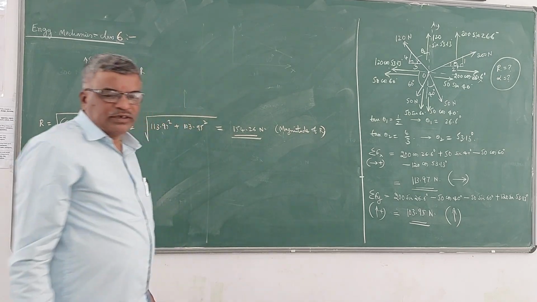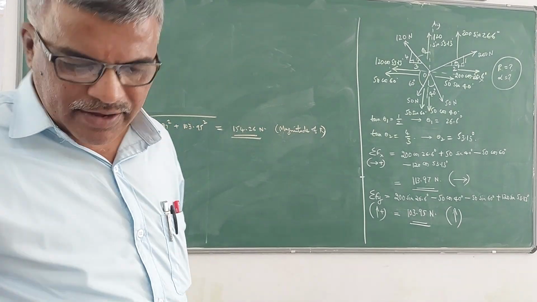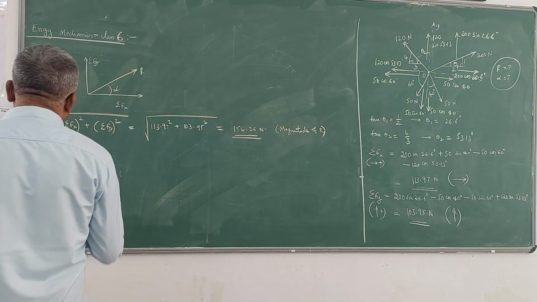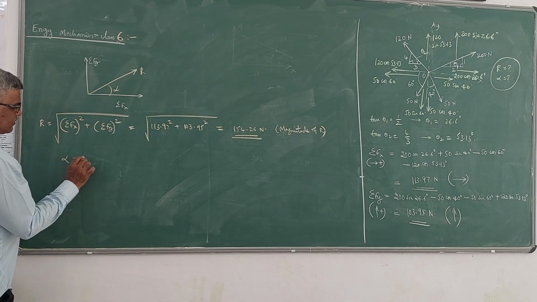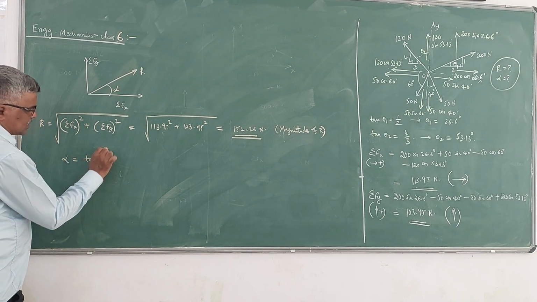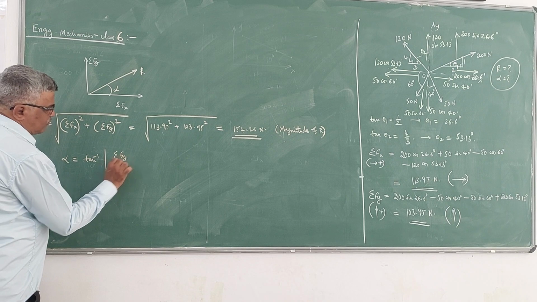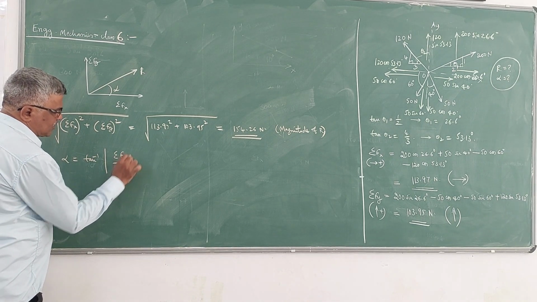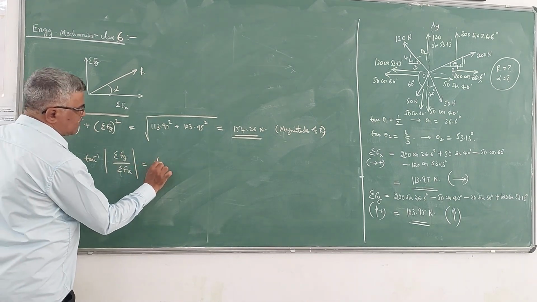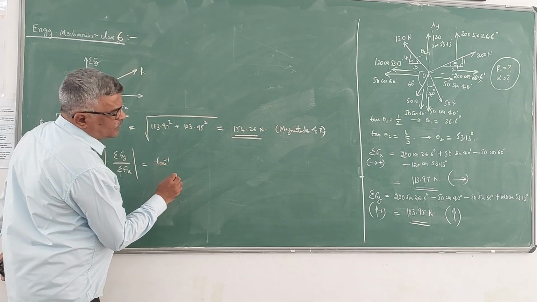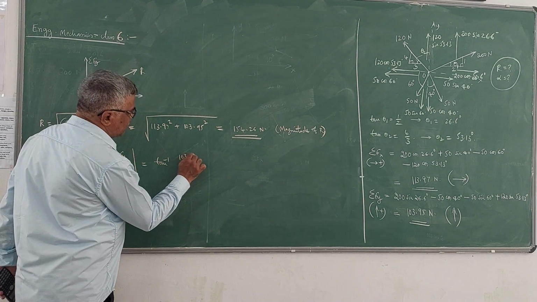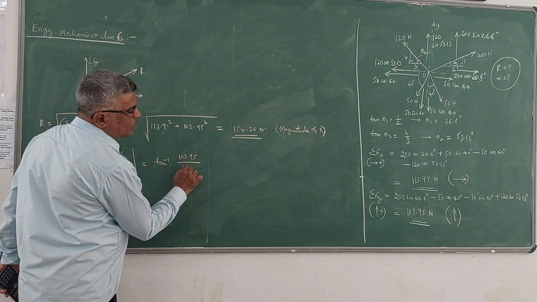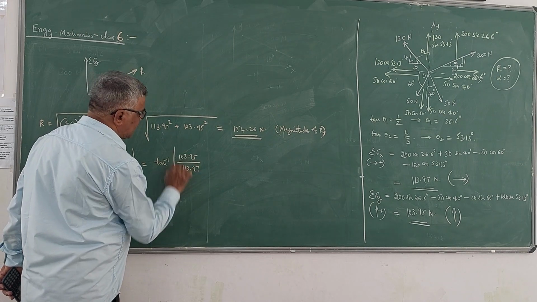and the direction alpha is given by alpha is equal to tan inverse of modulus sigma Fy by sigma Fx, which is tan inverse of 103.95 divided by 113.97.